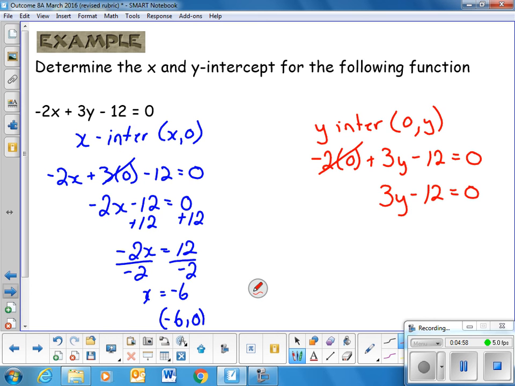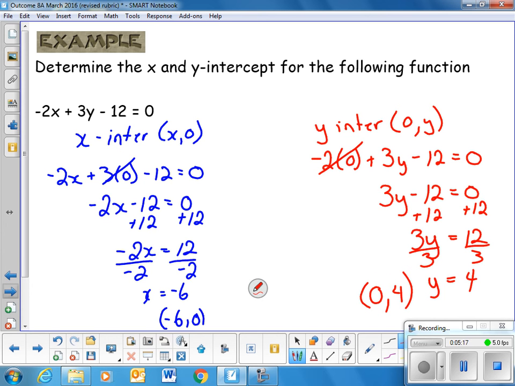We want to move that 12 to the other side, so we're going to add 12 to both sides. Gives us 3y equals positive 12. Divide both sides by 3, and we have y equals 4. So our y-intercept is located at 0, 4.